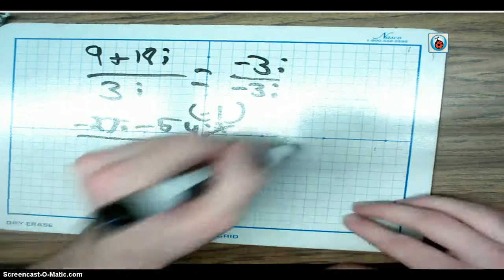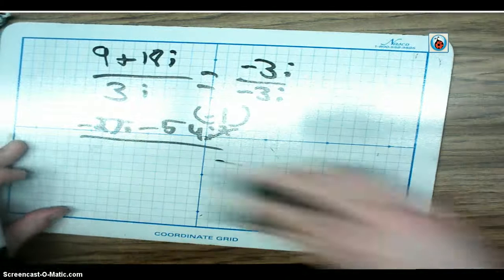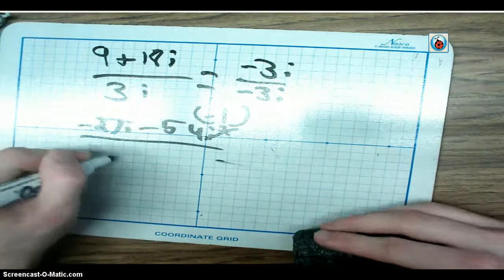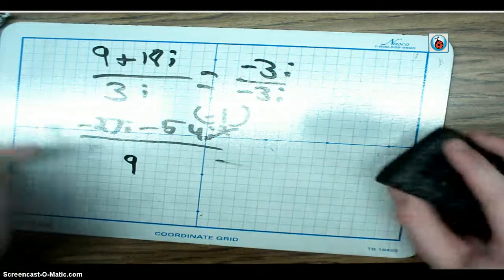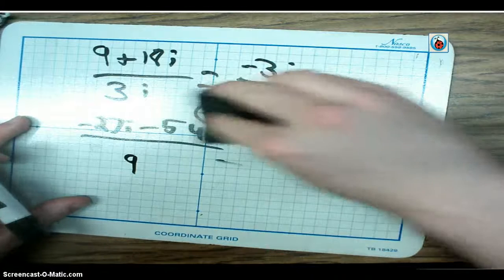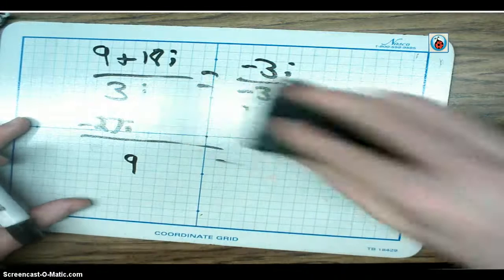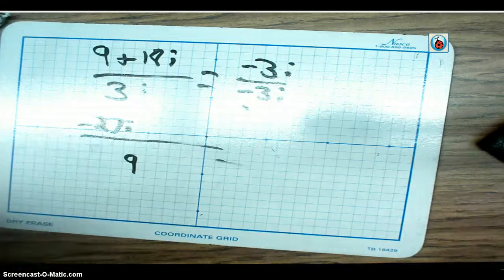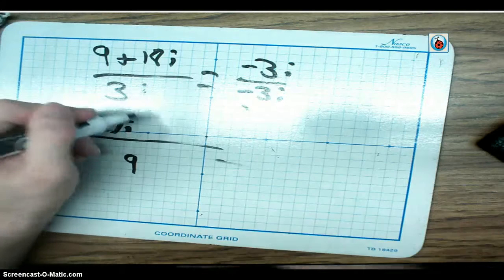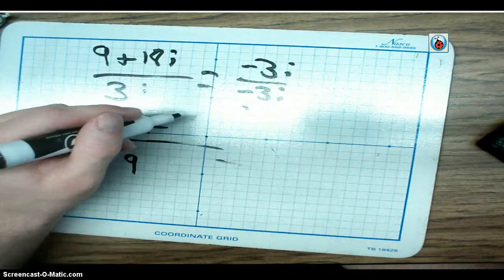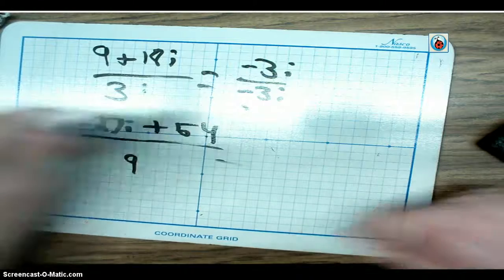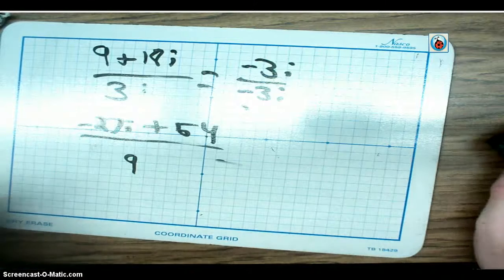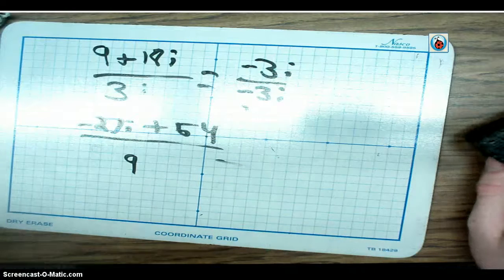So the new one would be 9, and then the other new one would be plus 54, my bad. Plus 54. And so now you just simplify it.